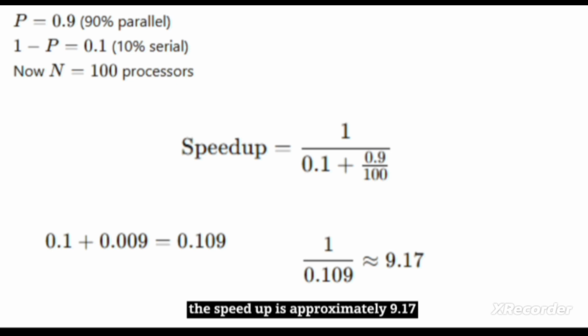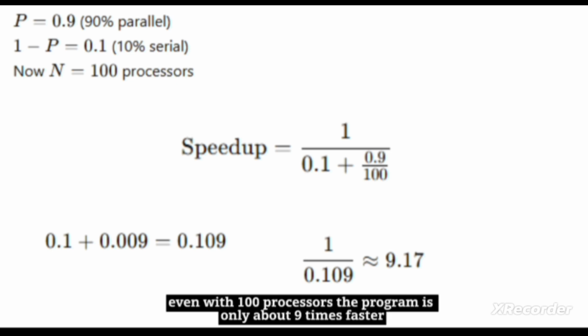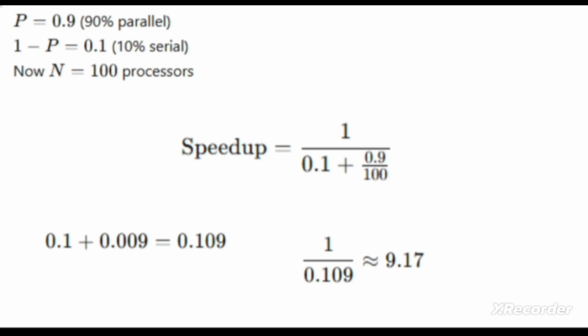The speed up is approximately 9.17. Even with 100 processors, the program is only about 9 times faster. That means 91 processors are not fully improving performance. This clearly shows the limitation of parallel computing.